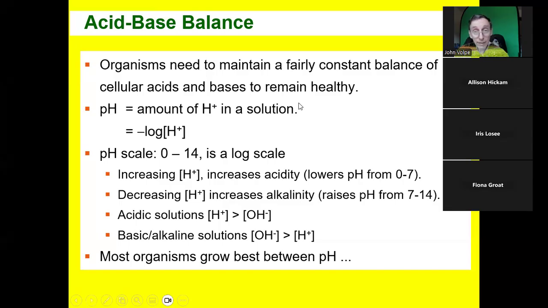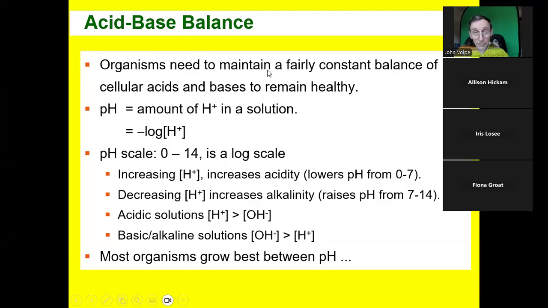Organisms need to maintain a fairly constant balance of cellular acids and bases to remain healthy. And hopefully you learn that term. We're not going to use it in microbiology, but the term for maintaining your acids and your bases is called homeostasis. If you've ever seen a kid chug a bottle of soda, soda is acid.